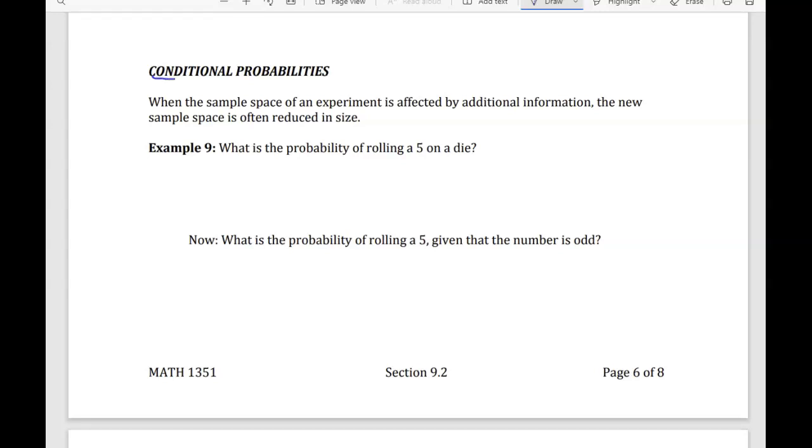Now, if you think about conditional probability, remember earlier when we said without replacement. This is definitely going to be a conditional probability because we know something about our sample space. We know we took something out of our sample space.